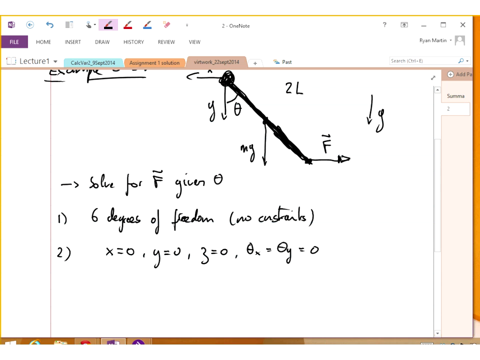So we have 5 holonomic constraints. Thus, we only have 1 degree of freedom.